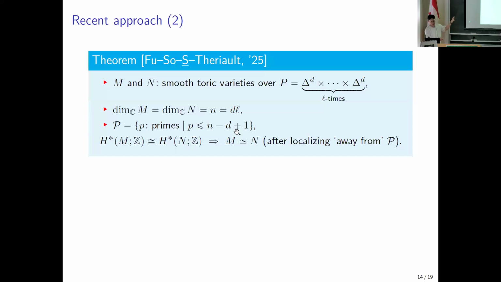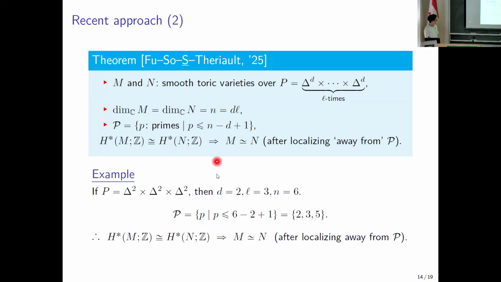At the moment it looks a little artificial, but what we could prove is, if you assume the cohomology ring isomorphism between these two, then they are homotopy equivalent after certain localization. Okay. We couldn't reach the honest homotopy equivalence, but we could prove that after certain localization there is a homotopy equivalence.